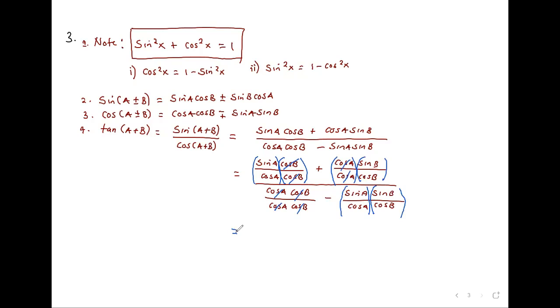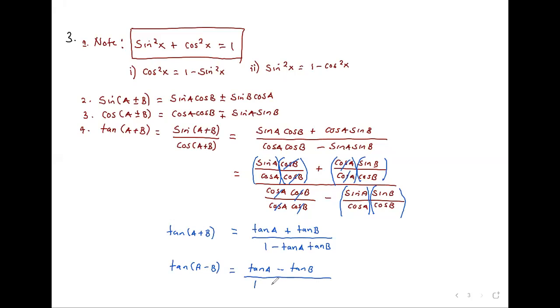So what we remain with is, for the first one, tan A, plus the second one, tan B, over 1 minus tan A tan B. So this is the identity for tan A plus B. If it was tan A minus B, the only thing you do is to change the sign there, so that you also come down and have a plus.